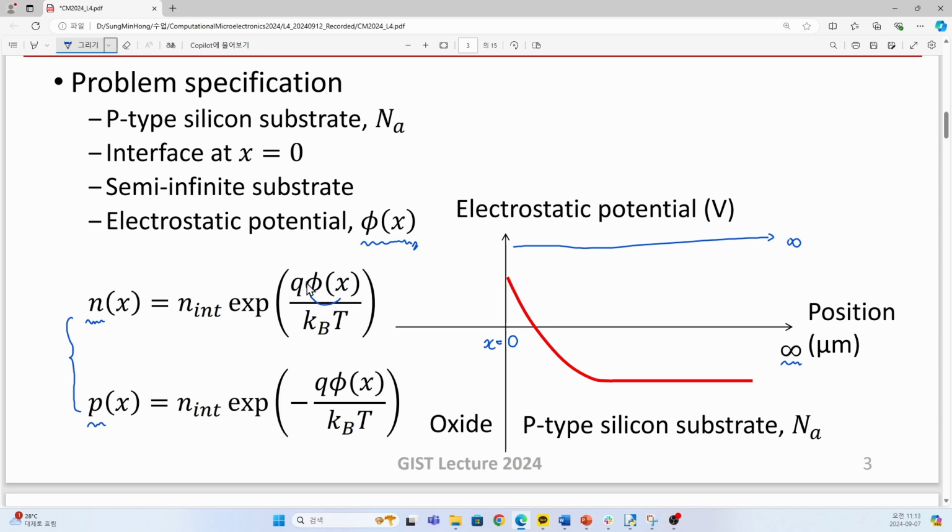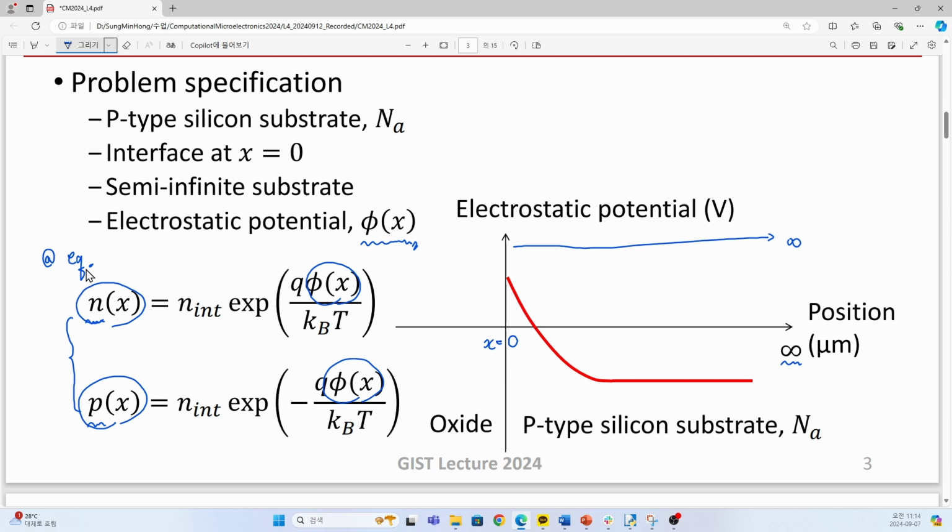So the electrostatic potential at a certain position immediately determines the electron density. The same quantity also immediately determines the hole density. Of course, these two equations are not generally valid, but they are valid in the equilibrium case. In the equilibrium case, we can sufficiently assume that these equations hold.